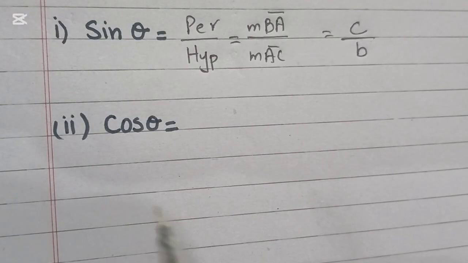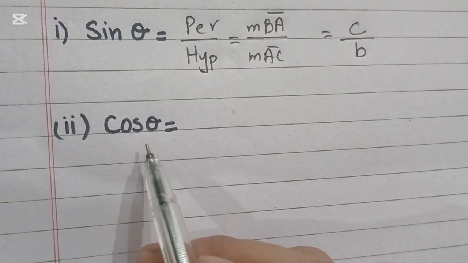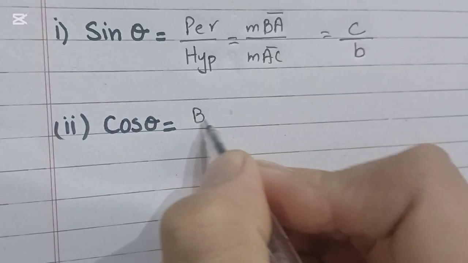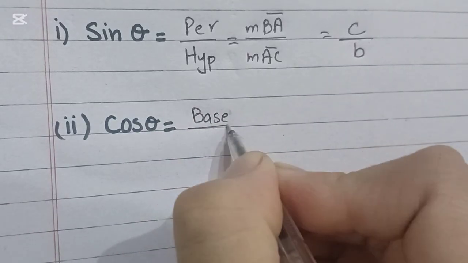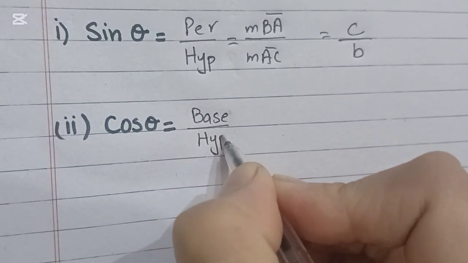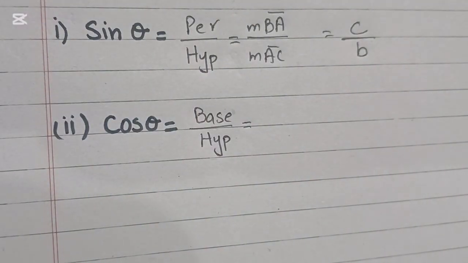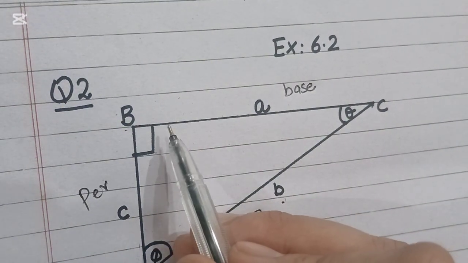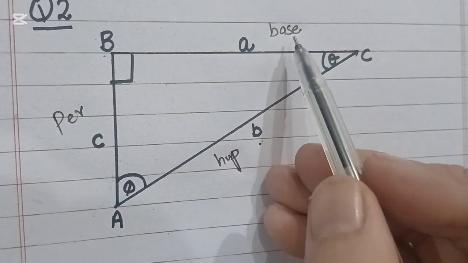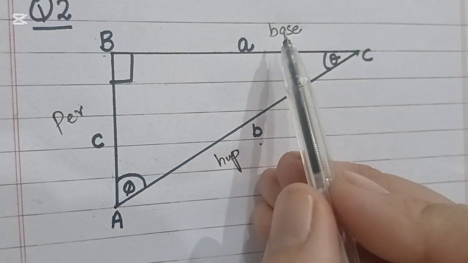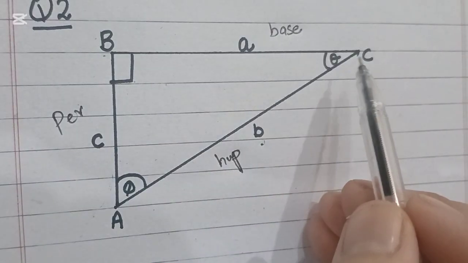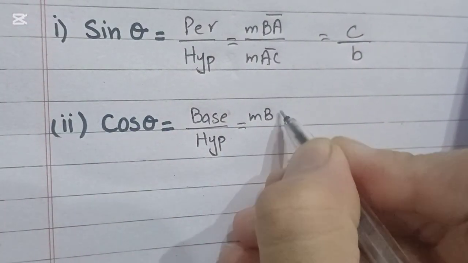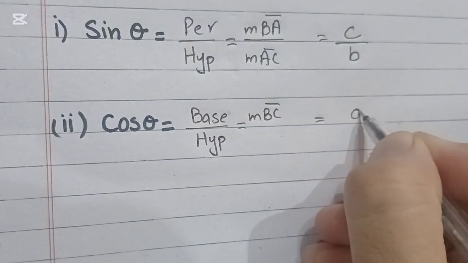Now we have to calculate cos theta, and the cos formula short term is CBH. C for the cos, B for the base and H for the hypotenuse. Now use your triangle to calculate the base. Base is BC, so the base side measurement BC is equal to a.